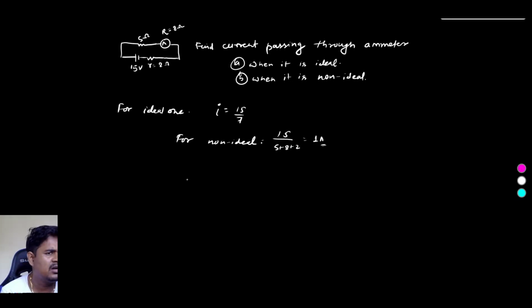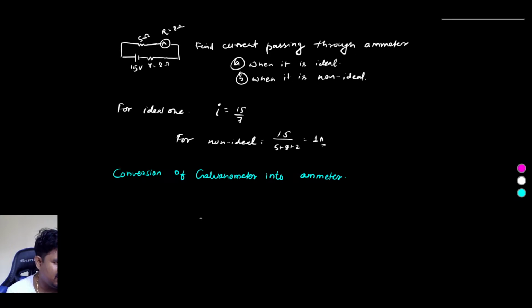Now we will see the conversion of galvanometer into ammeter. Means how with the help of a galvanometer we can make an ammeter. So basically, we have a galvanometer, and it is to be connected across a circuit in which the current I is flowing.